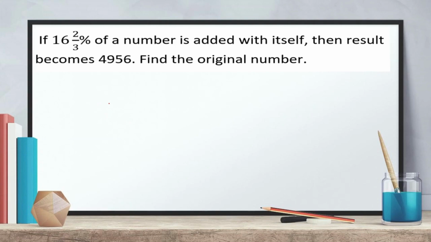It is given that 16 2/3 percentage of a number is added with itself. So how much is 16 2/3 percentage? We remember that 16 2/3 percentage is equal to 1/6. Here the denominator is 6. So 6 is the original value.